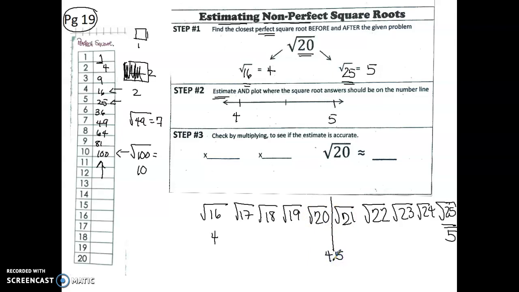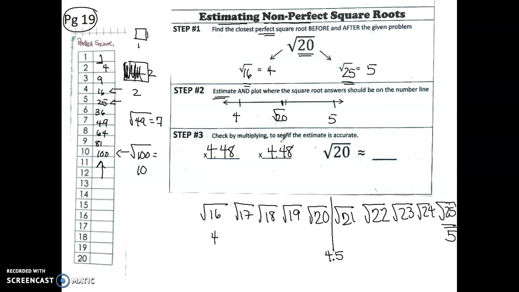That means the square root of 20 must be really close to 4.5. If I'm going to guesstimate, I'll say something close, maybe like 4.48. Let's try that and multiply those numbers together: 4.48 times 4.48.